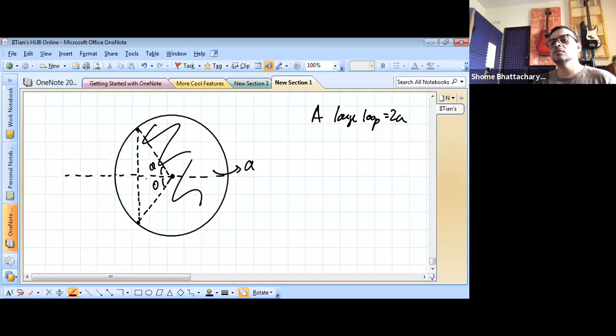So this shaded portion's area will be the area of the sector minus the area of this section. This section's area is the area of this whole thing minus the area of this triangle. So this whole thing's area will be 2 theta upon 2 pi into pi r square minus the area of the triangle.